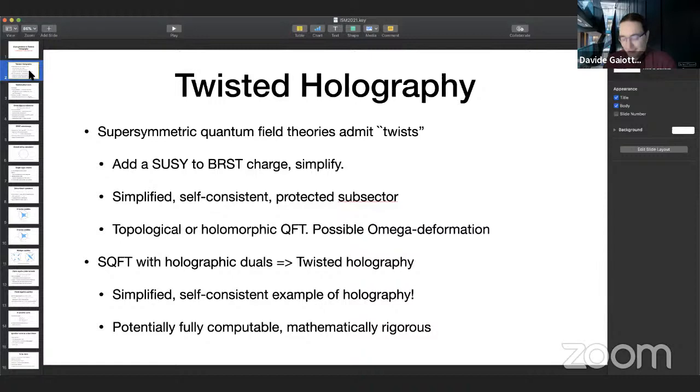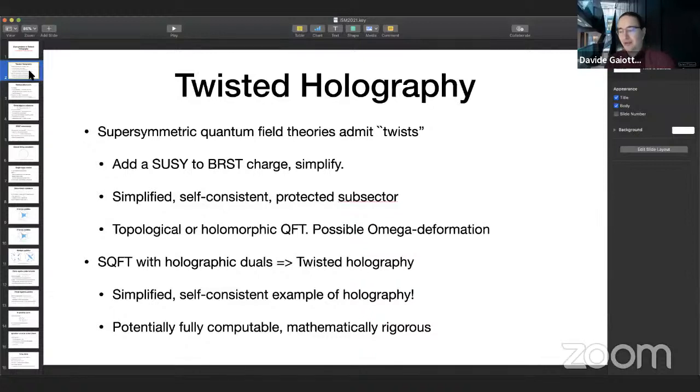And so it should be possible to match this twist of the supersymmetric quantum field theories to some protected subsector of supergravity, something you could call twisted supergravity or twisted superstring or twisted M theory. So Costello has conjectured a variety of descriptions of possible twisted supergravity theories.